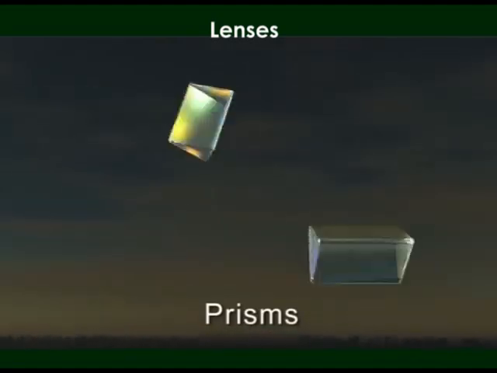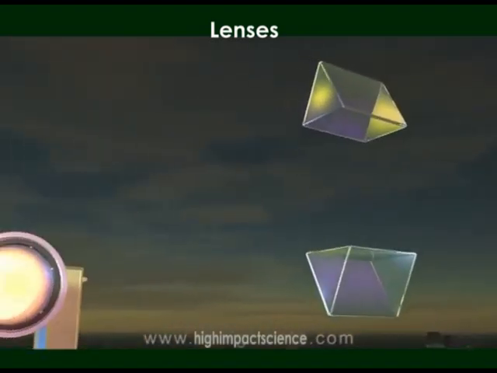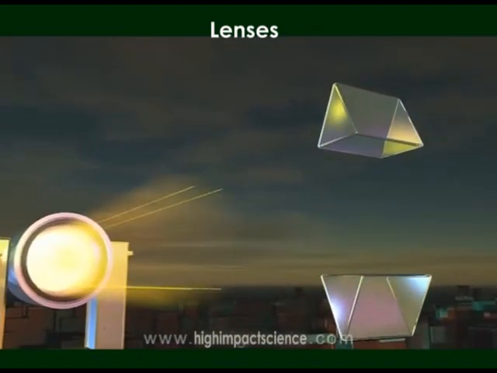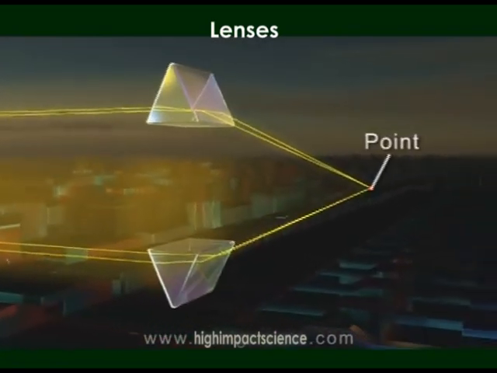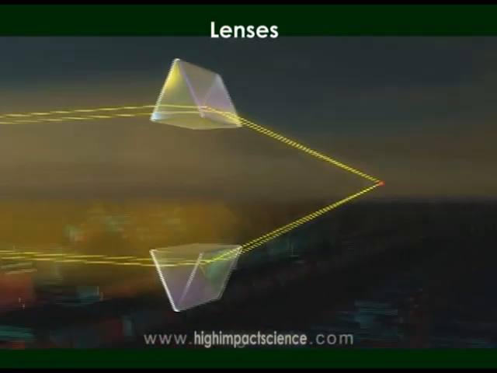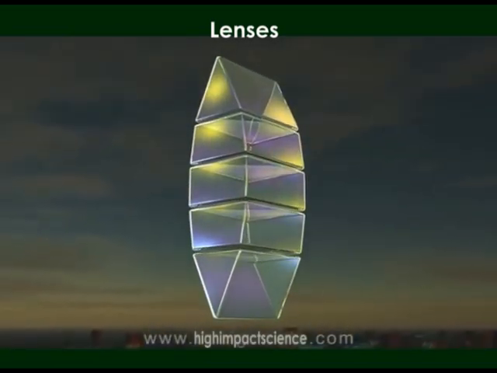We arrange two prisms so that their rectangular surfaces face each other. The parallel rays incident on the prisms emerge on the other side after refraction and intersect at a point. We insert a few more blocks of rectangular prisms between the first two.